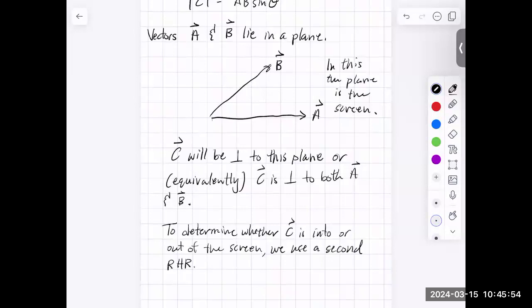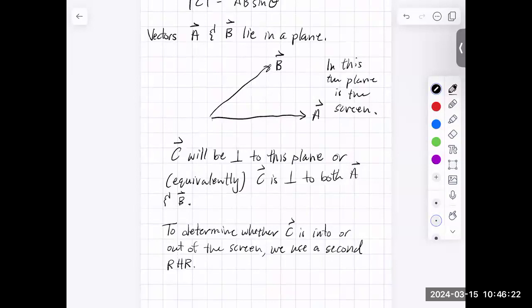We have two vectors, A and B. If C is going to be A cross B, then A is the first vector in the cross product. So the way I do the right-hand rule is I just take my whole right arm and I put it in the direction of A. Okay, and so A is horizontal right now, and so I'm going to put my right arm horizontal.